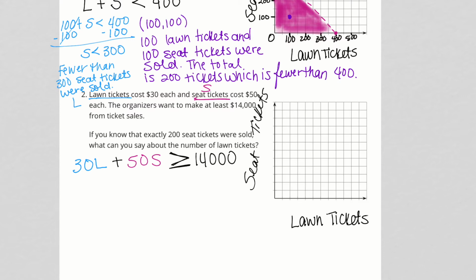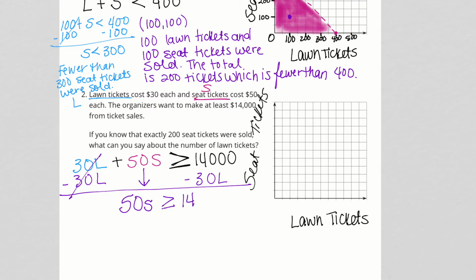So how do I solve for the S? We're going to subtract 30L from both sides. We're going to drop down our 50S is greater than or equal to 14,000 minus 30L.